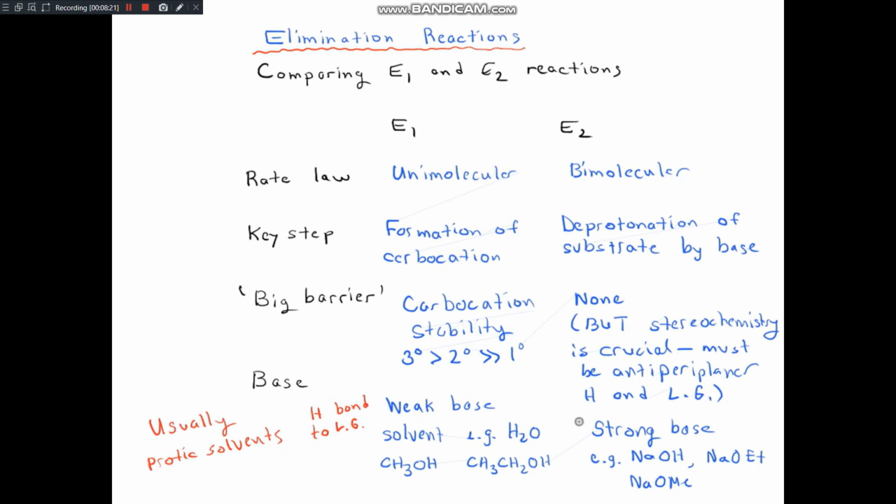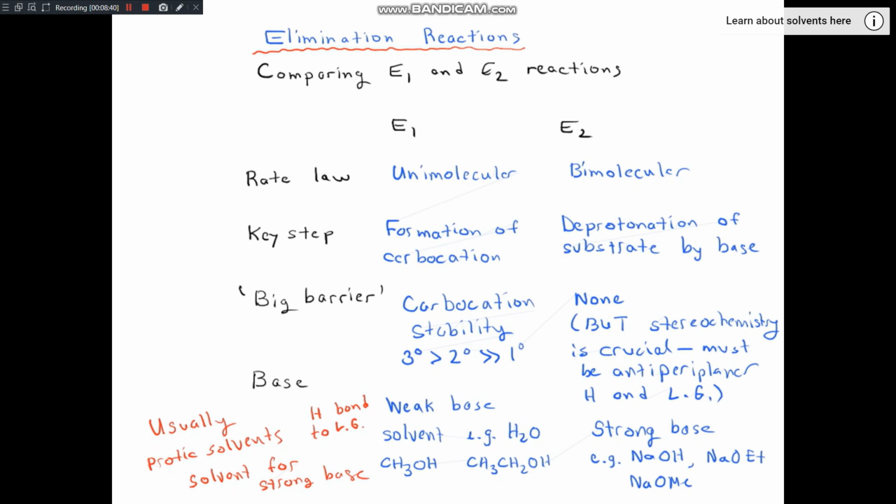And in the case of the E2, usually protic solvents because they are the solvent for our strong base. So that's another factor to think about when you're comparing the E1 and the E2 reactions.